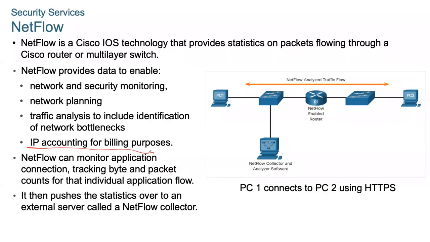Can anyone give any idea about IP accounting for billing purpose? For example, when you are moving from your local network to a remote network, by considering your mobile phones, when you go to other countries, it will allow you a certain number of MB or GB of data that you can use per day.